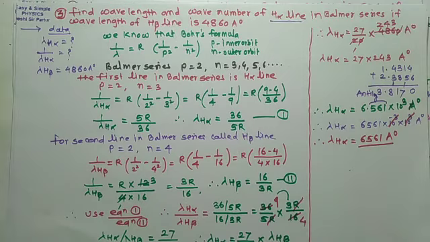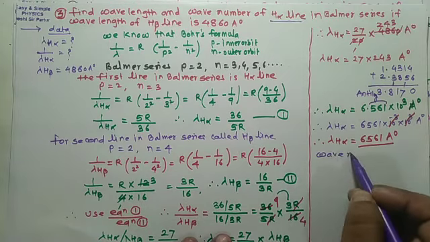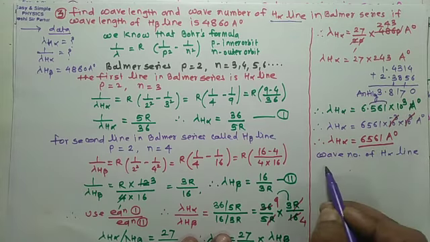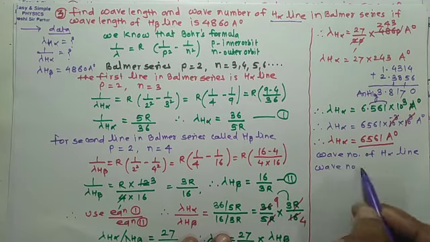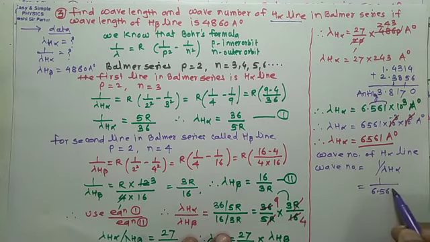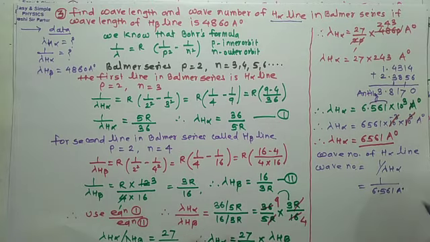But we can also find the wave number. The wave number of the H alpha line is equal to 1 upon lambda H alpha, that is 1 upon 6.561 into 10 raised to 3 angstrom unit.